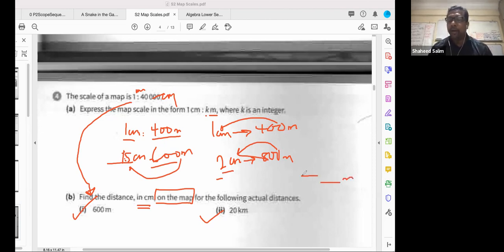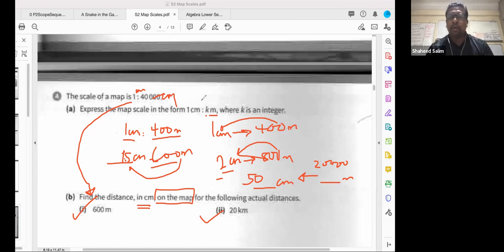And then you find out how many cm is this. 50, correct. So you change it to 20,000, right? Then divide by 400, get 50. It's okay?